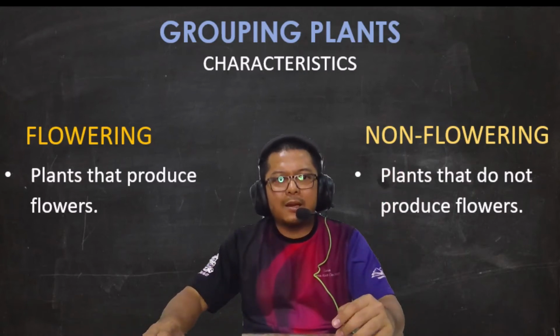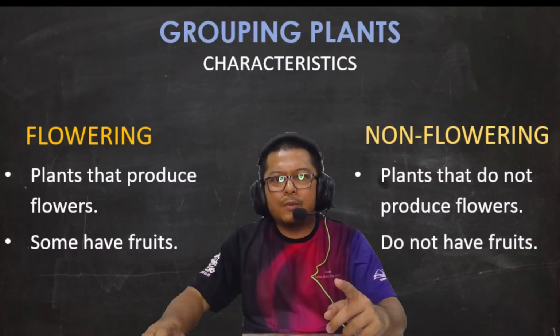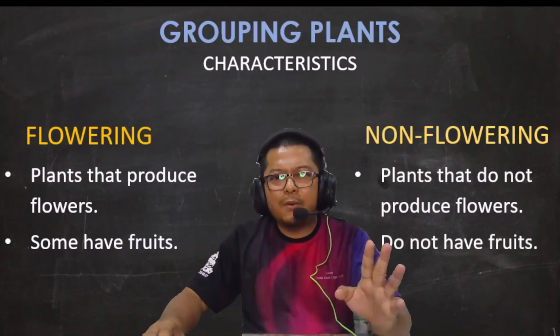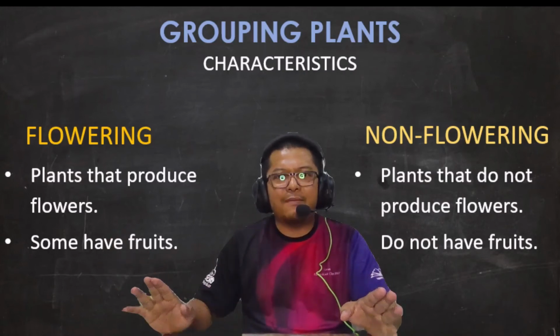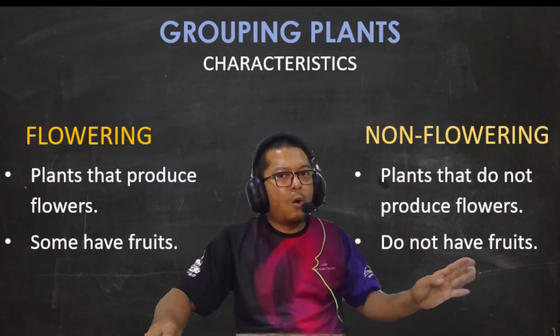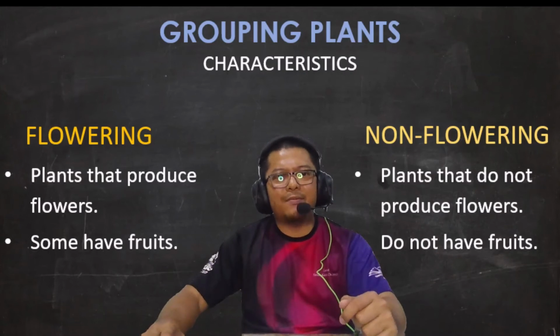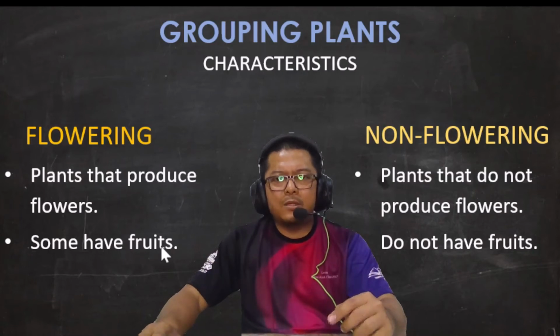Okay, next characteristic of a flowering and non-flowering plant. Some flowering plants have fruits, and on this side, all non-flowering plants do not have fruit. Now remember, flowering plants, those that have fruits.